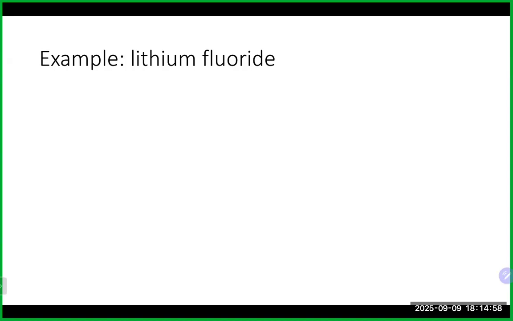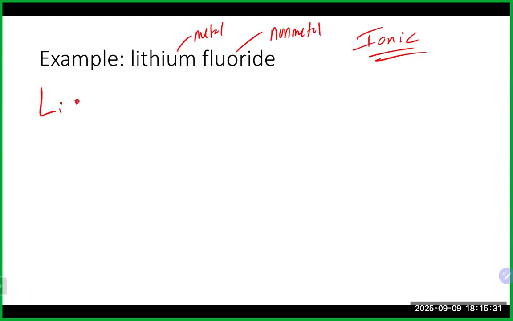So let's take a look at an example like lithium fluoride. Lithium is a metal. Fluoride, which is fluorine, is a nonmetal. So that combination tells me I am looking at an ionic bond. If I take a look at what's happening here with our Lewis dot symbols, I could use lithium here, and lithium is group number 1 on the periodic table, which means it has 1 valence electron.